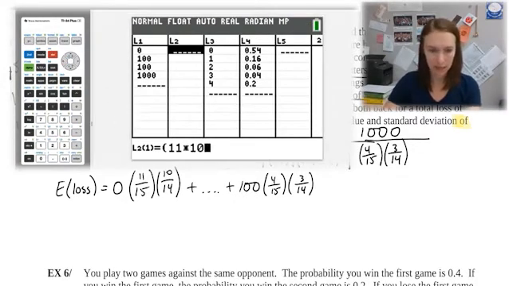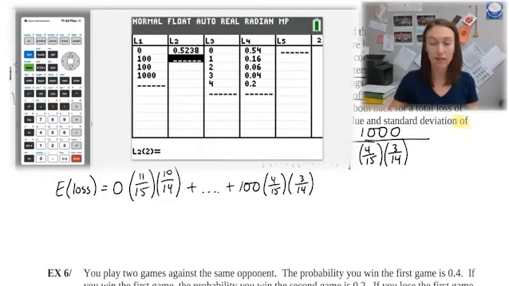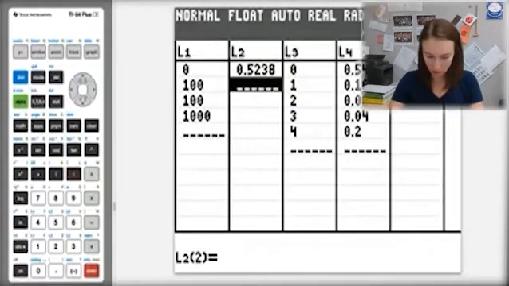And then I have divided by 15 times 14. So that'll give me that number. And I can do this for each one of these. So I'm going to try to do this a little faster.